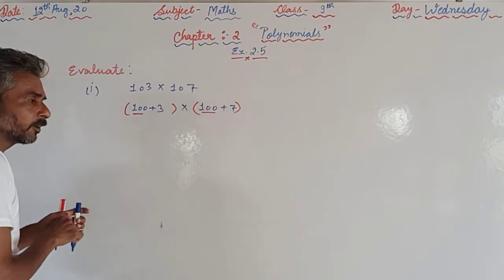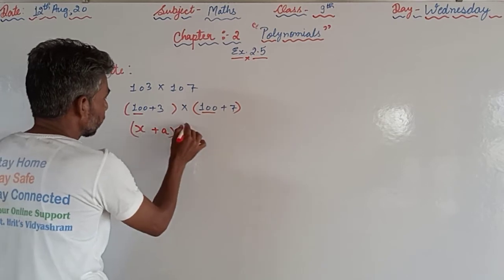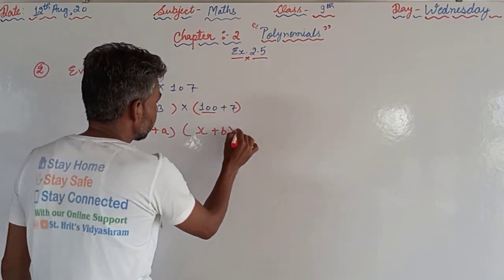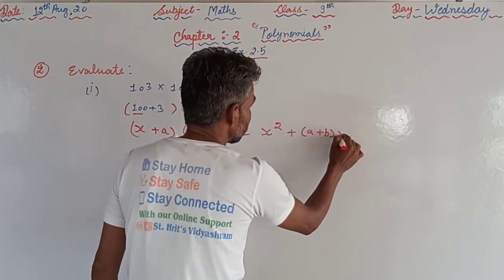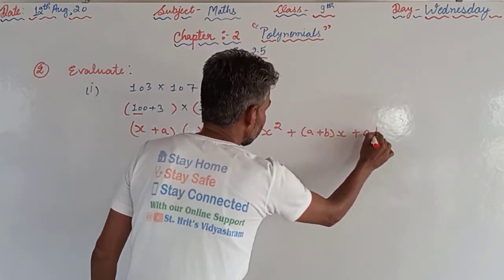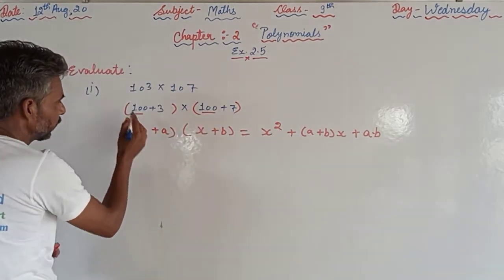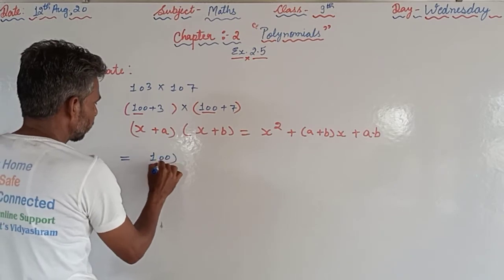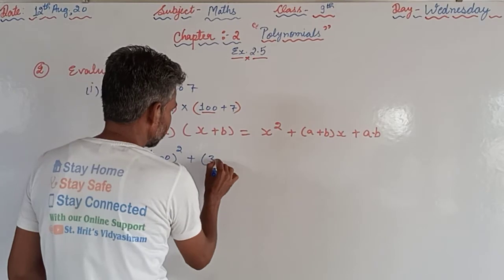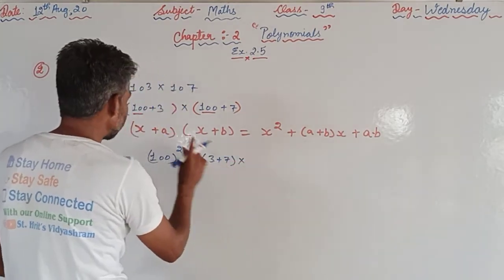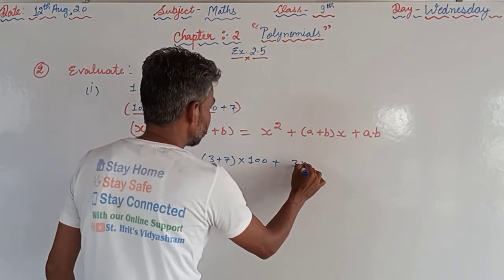So here we know that (x plus a) into (x plus b) will be equal to x square plus (a plus b) into x plus ab. So the answer of that will be 100 square plus (a plus b, means 3 plus 7) into x, which is here 100, plus ab, means 3 into 7.